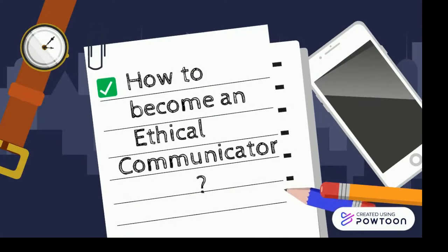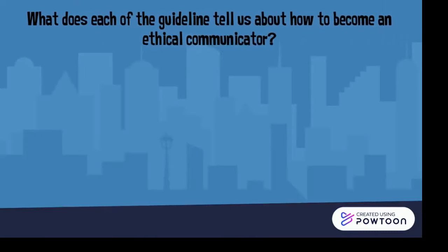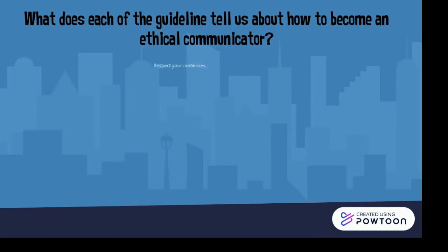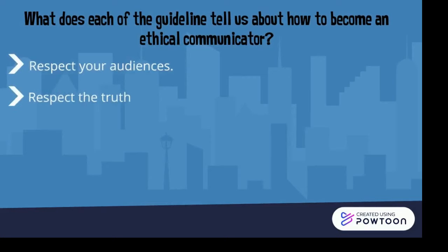Next, what does each of the guidelines tell us about how to become an ethical communicator? Ethical communicators should have respect for their audiences the way they want to be treated also. Another one is an ethical communicator should respect the truth because honesty is an essential part of having a close relationship with a person or a group.